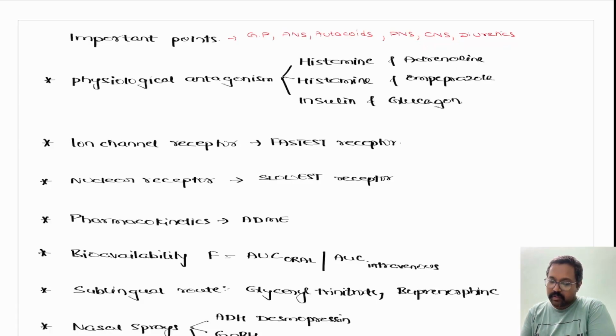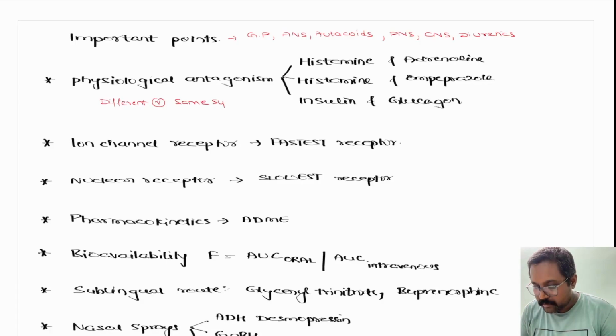So what are the physiological antagonists you know? What do you understand by physiological antagonist? These are the antagonists that act on different receptors on the same system to produce the opposite response.